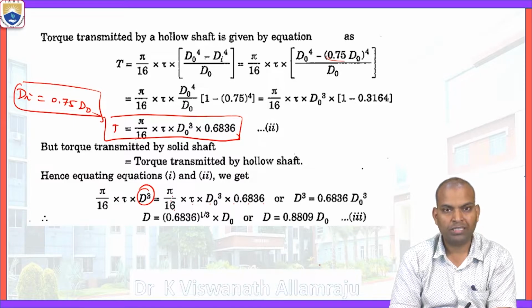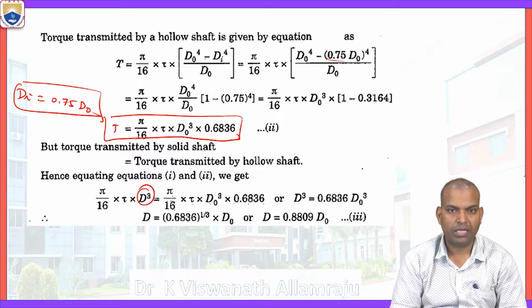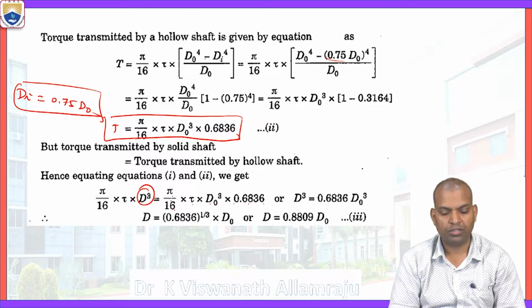From this we get the relation between the outer diameter of the hollow shaft and the diameter of the solid shaft.